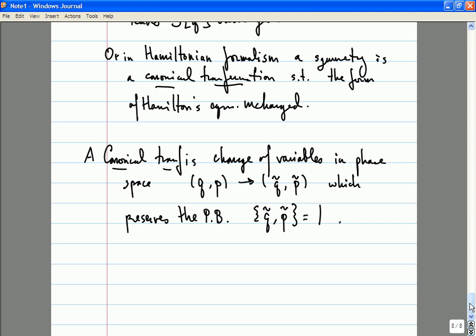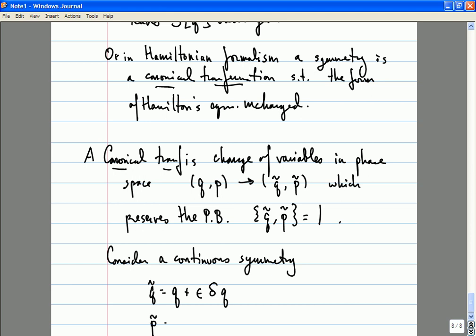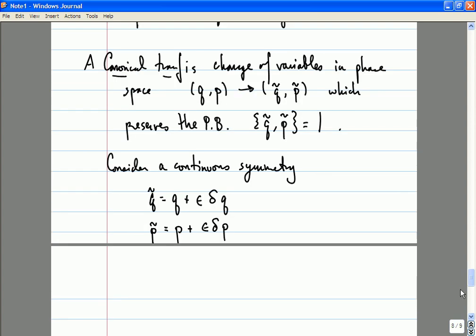Let's consider a continuous symmetry, namely a one-parameter family of symmetries, a one-parameter family of canonical transformations, so that we could imagine doing an infinitesimal canonical transformation, so that Q tilde will be not equal to Q, but equal to Q plus some very small bit proportional to epsilon, and likewise for P. Then the statement that the Poisson bracket is preserved can be expanded order by order in powers of epsilon.